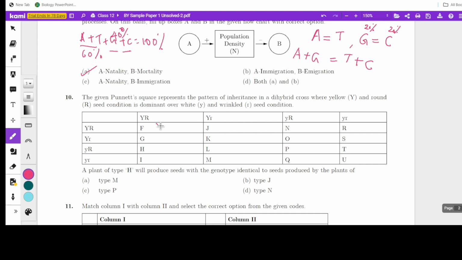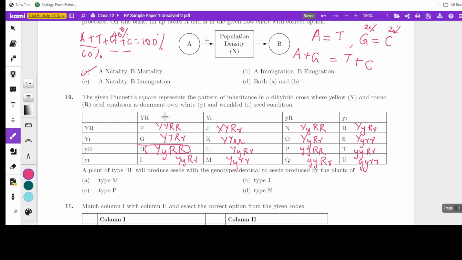So it will be Y, Y, R, R. Okay, now the plant of type H will produce seeds with a genotype, capital Y, small y, capital R, is identical to the seeds produced by the plants of which one? Capital Y, capital R, small r. This is the identical one, right?